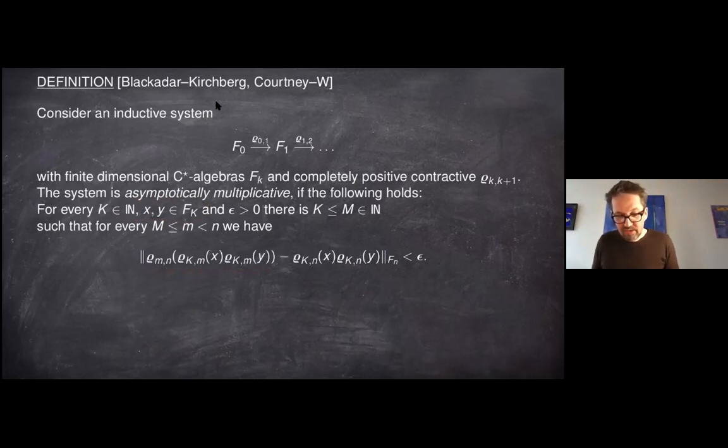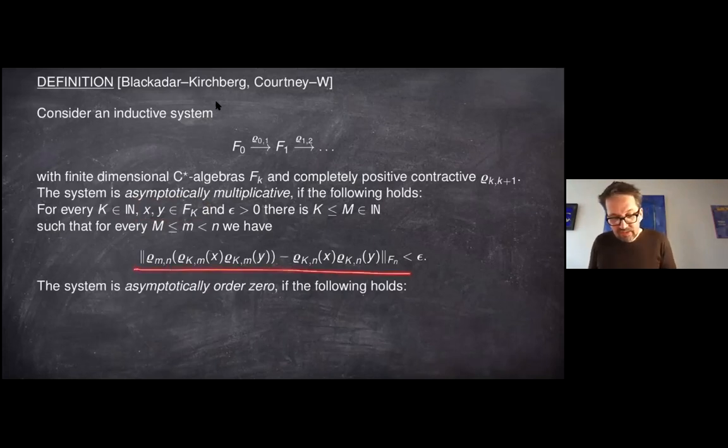All right, and then so this is one way to capture the almost multiplicativity or capture multiplicativity of A in such a system. Then the system is asymptotically order zero if the following weaker property holds.